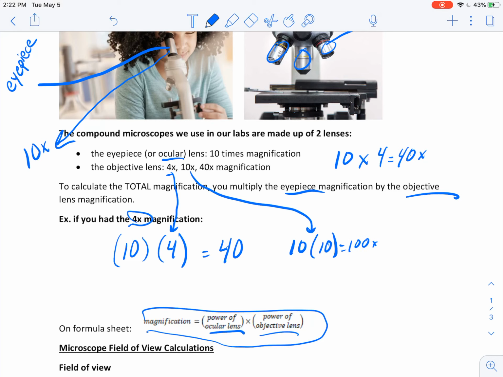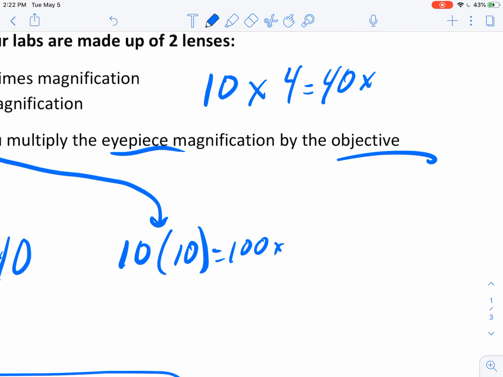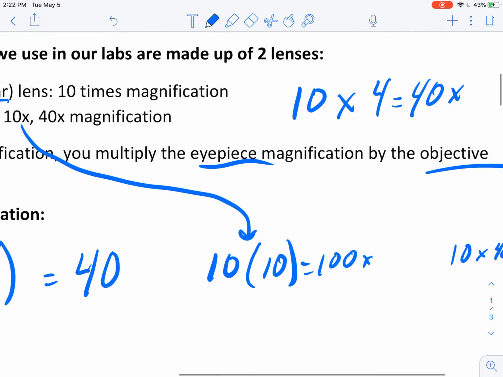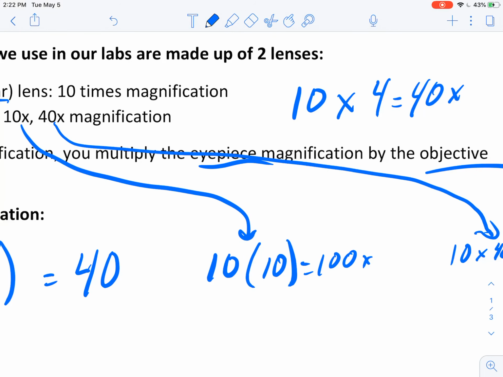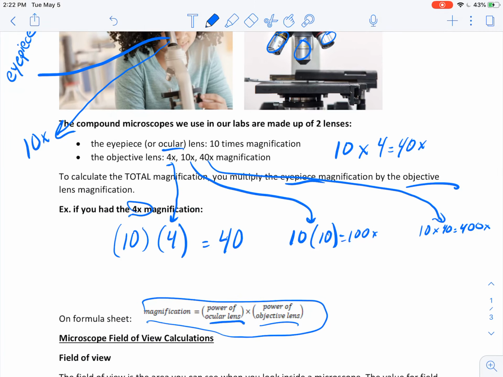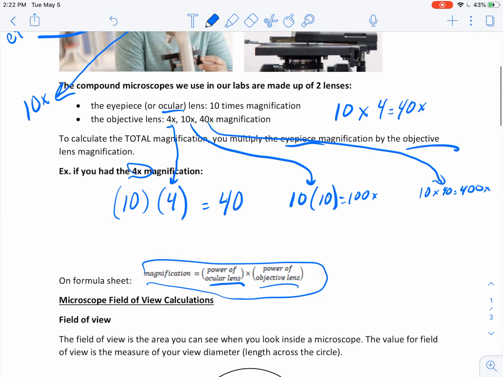And then the maximum that we can get in our compound microscopes at the school is the 40 power objective lens, so 10 times 40, or 400 times magnification. Okay, so that one's a super straightforward calculation, but you will need to know how to do that.